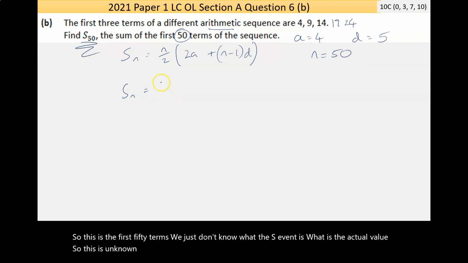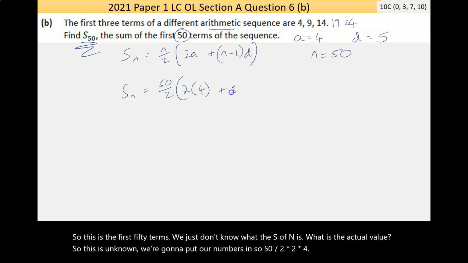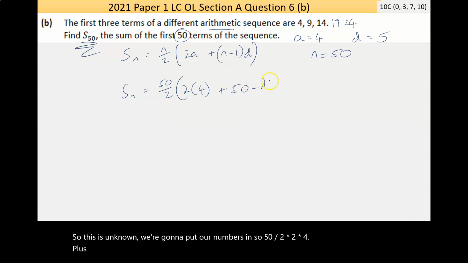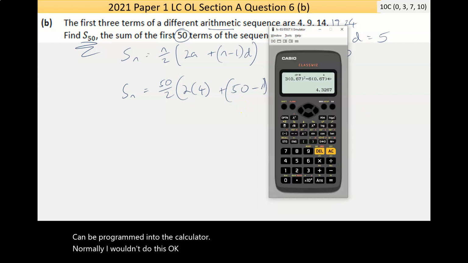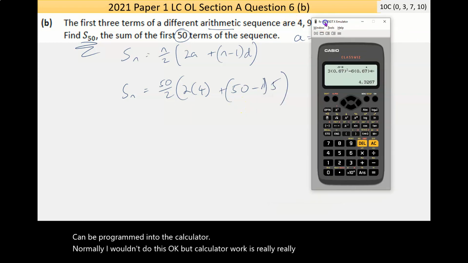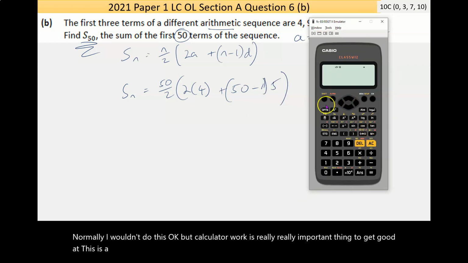We're going to put our numbers in. So 50 over 2 times 4 plus 50 minus 1, times 5. Now, that whole thing can be programmed into the calculator. Normally I wouldn't do this, but calculator work is a really important thing to get good at. This is a digital version of a calculator, but I'm going to do it.